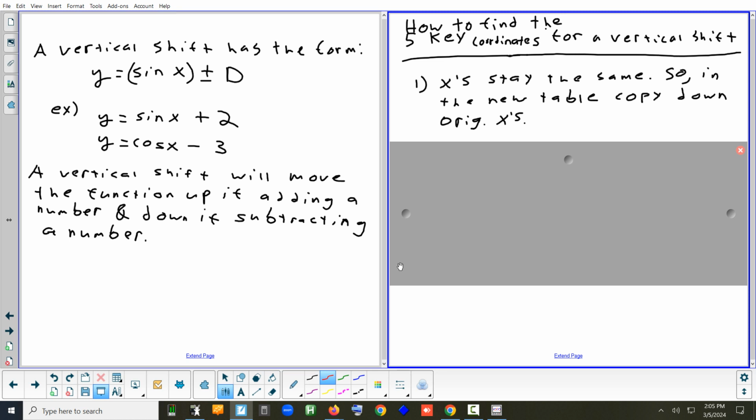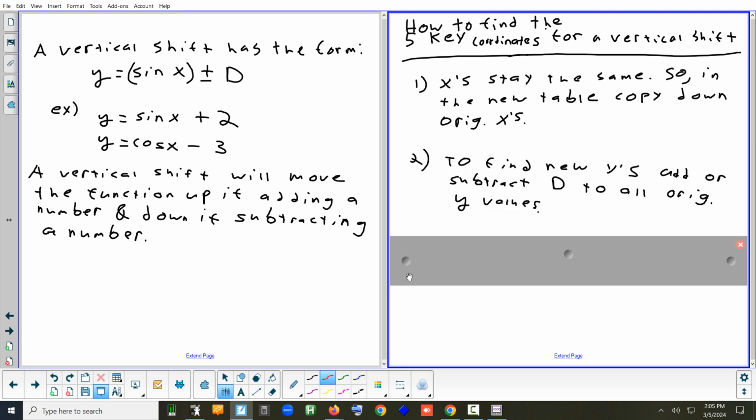Okay, so if the x's are going to stay the same, then what's going to change? Yep, the y's are going to change. So all you have to do, similar to what we did in the last problem, except instead of multiplying your old y values by a number, you're either going to add or subtract to your old y values.